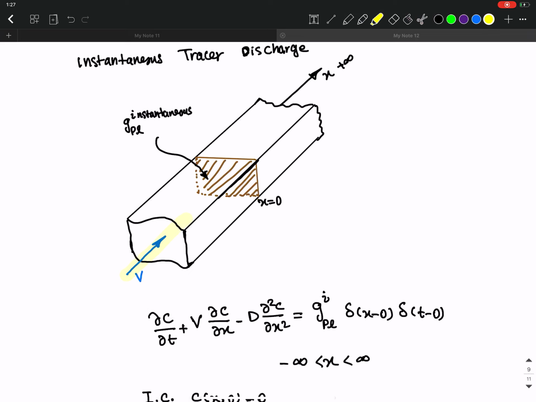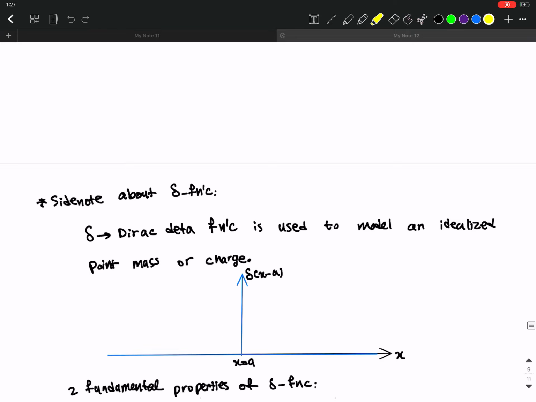You are in one of the characteristics of this problem. So in a moving reference, this term is going to go away, and you only see this diffusion and also this temporal change, but the advection term is removed.